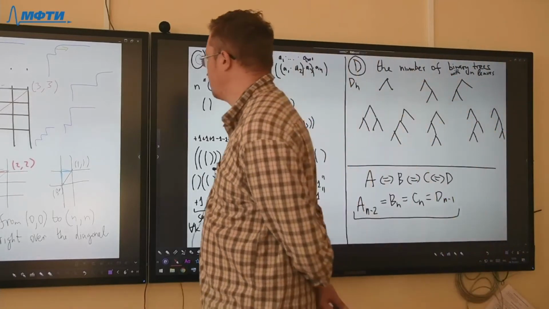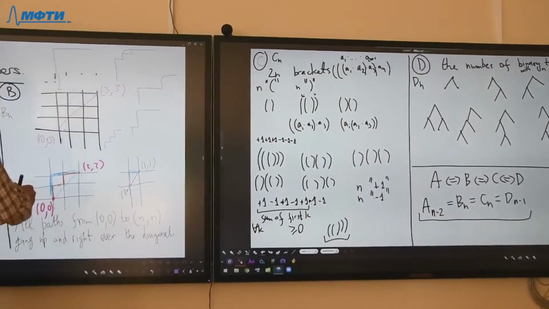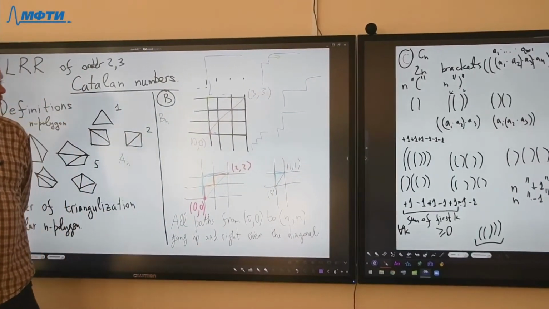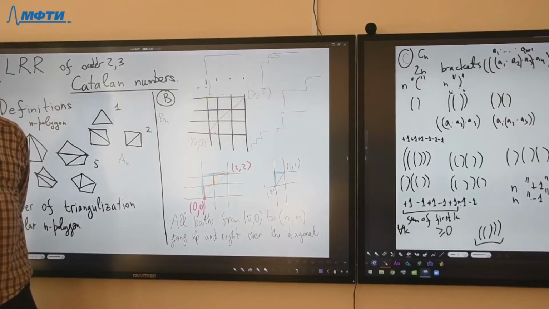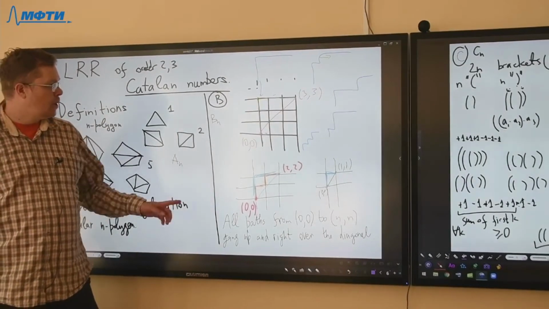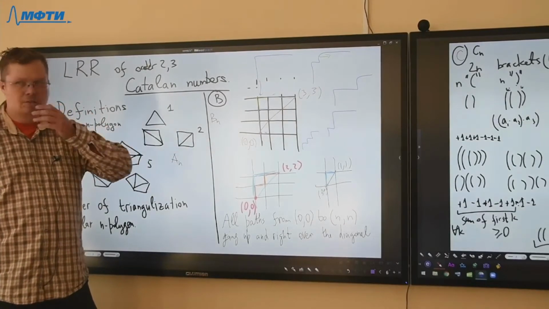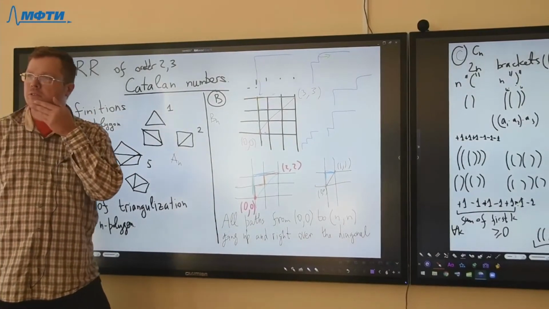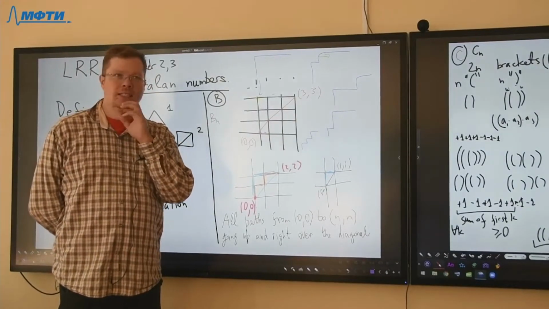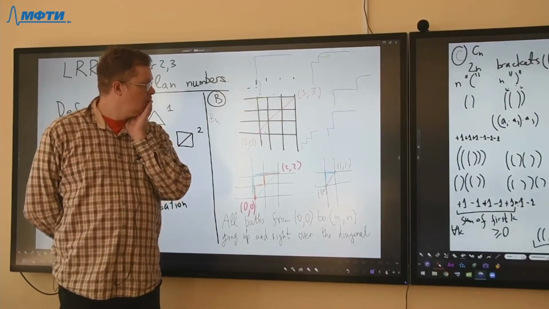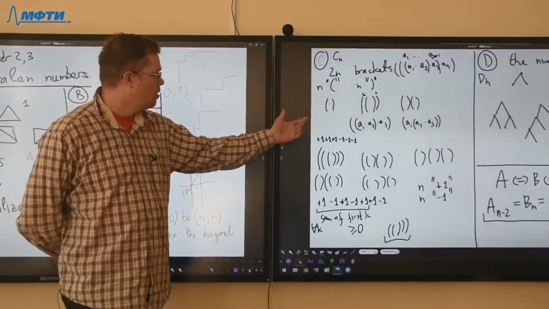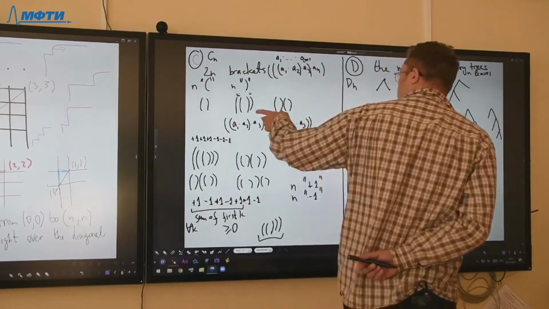I think it is easy to prove that B_n is equal to C_n, yes? So why is B_n equal to C_n? Can someone explain? Why is the number of these paths equal to the number of ways to put in brackets?